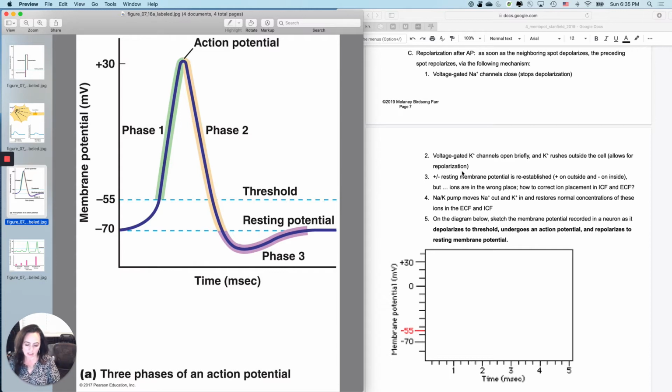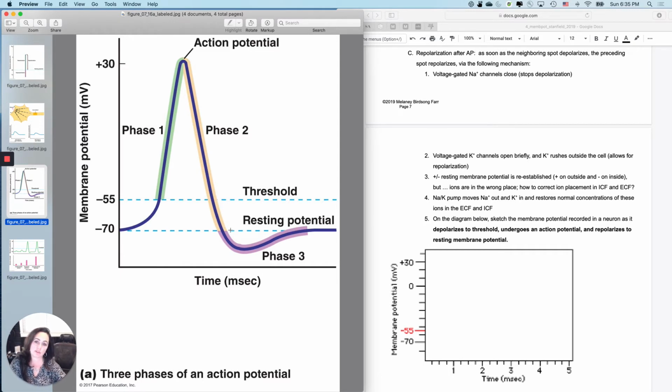It actually kind of overshoots it just a little bit, but then it settles back at minus 70. So this was all sodium moving in, this is all potassium moving out. Then I'll settle back at minus 70, but it's not homeostatic to have that much sodium in, and it's not homeostatic to have that much potassium out. So I fixed the number back to minus 70, but the ions are all in the wrong place.